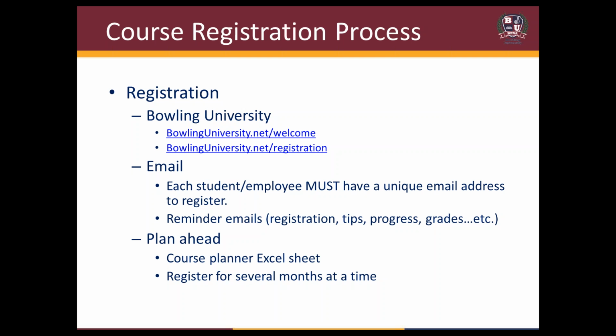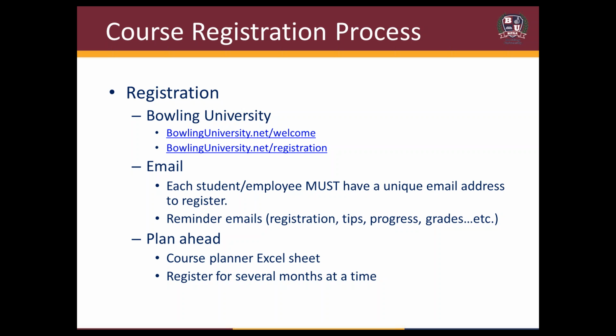Once you get your email with those links in them, to get the registration process started, each student must have a unique email address to register. For registration, we need your name, a birthday, and a unique email address. That email address is an identifier in the system, so the student will get registration information, progress reports, grades, and so on. You also want to plan ahead.